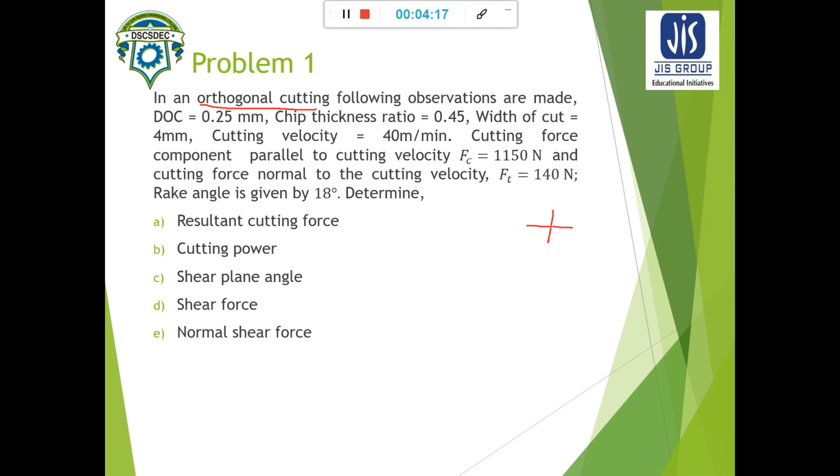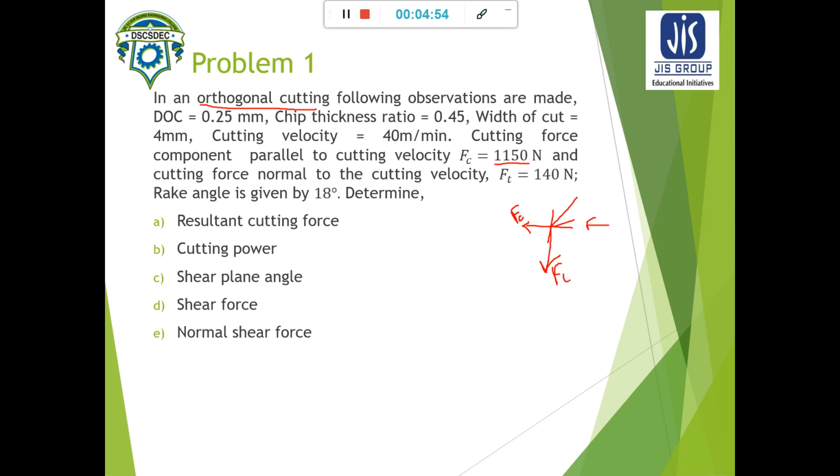Just remember this image. If this is the tool, then this is the direction of the cutting velocity. The force parallel to the cutting velocity is Fc, and Fc is given as 1150 Newton, while Ft, that is perpendicular or normal to the cutting velocity, is given as 140 Newton.